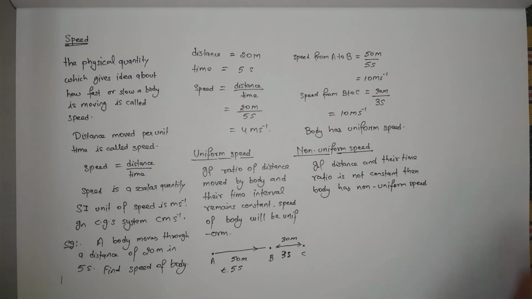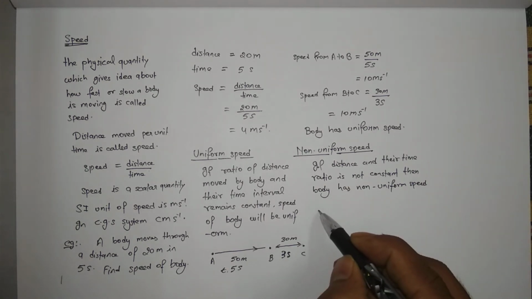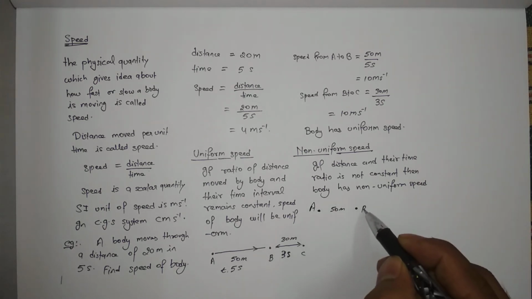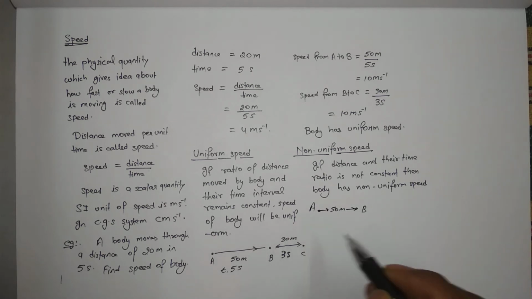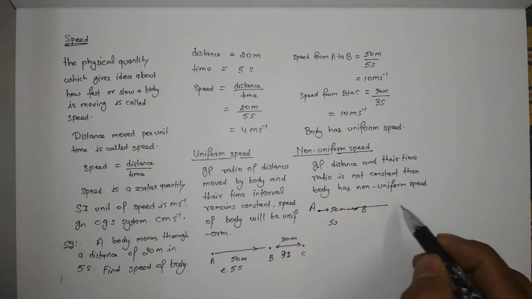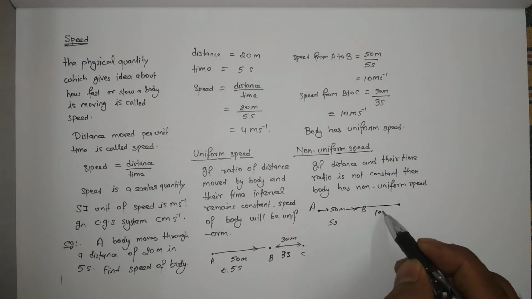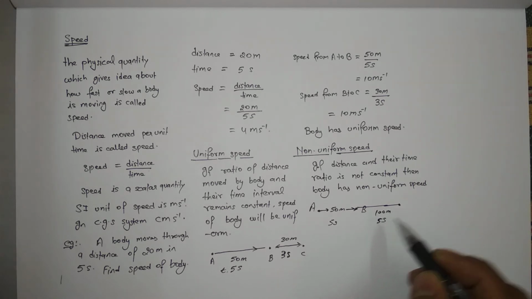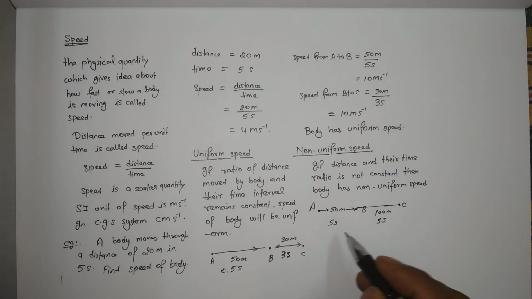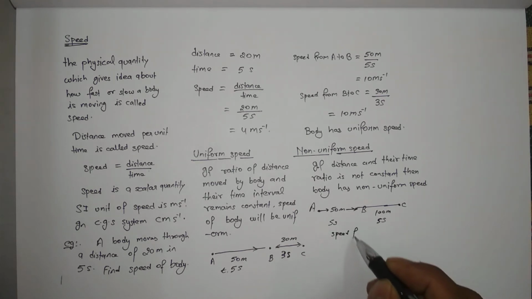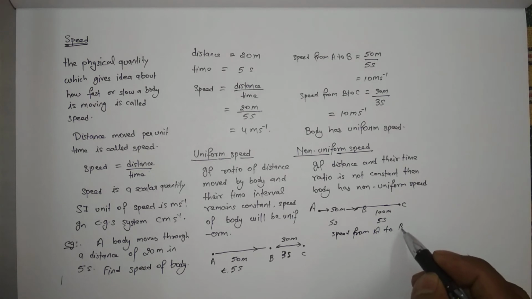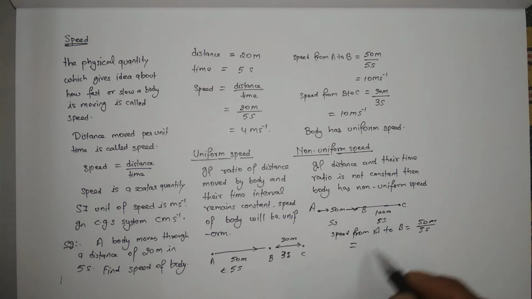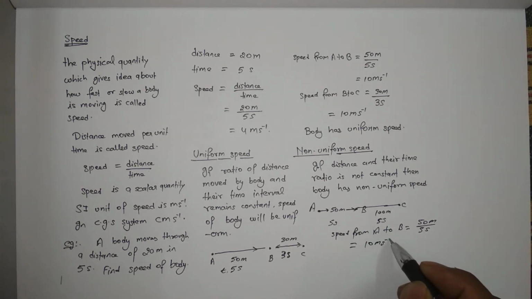Just see, body moves from A to B 50 meter distance, this is point A, this is point B, and body is moving from A to B 50 meter in 5 seconds, and from B to C body moves 100 meter in next 5 seconds. So speed from A to B is equals to 50 meter divided by 5 seconds, and answer is 10 meter per second.